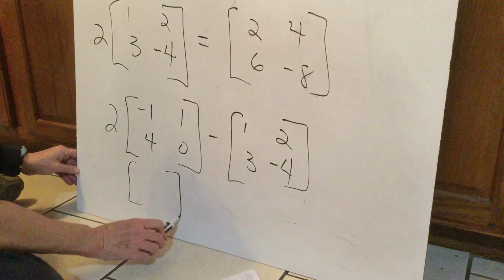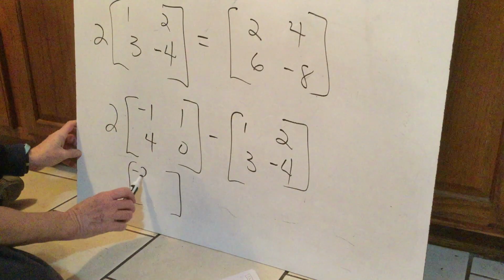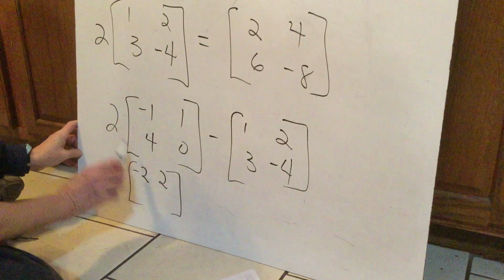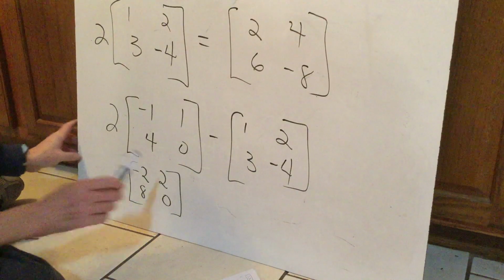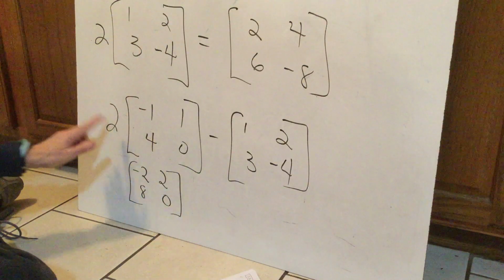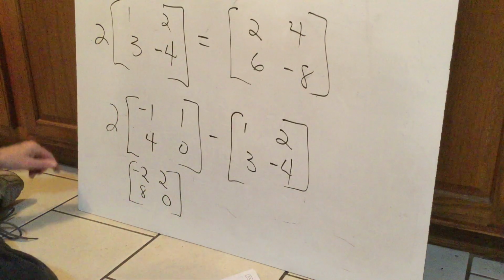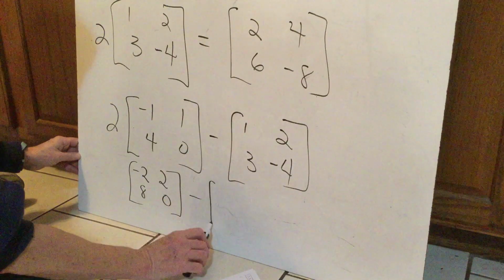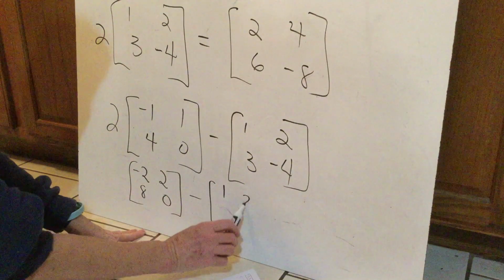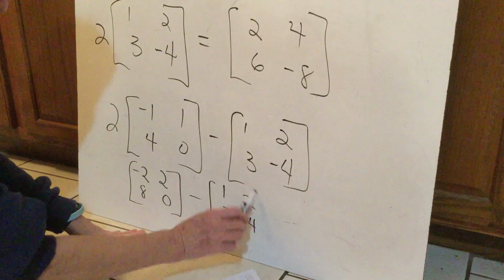So this one will be -2, 2, 8, 0. And then minus 1, 2, 3, -4.